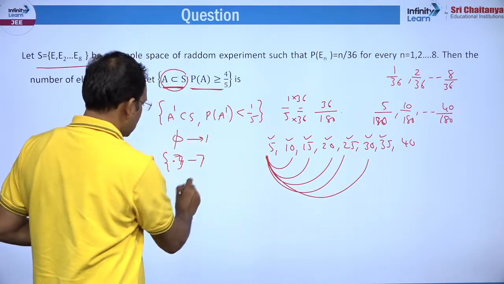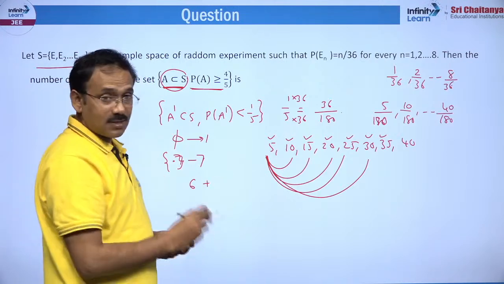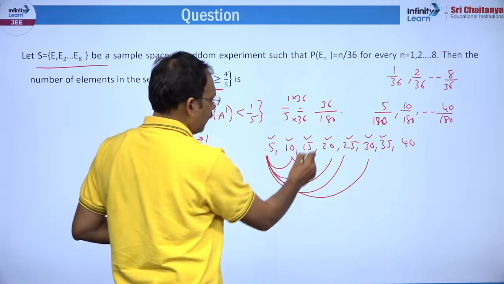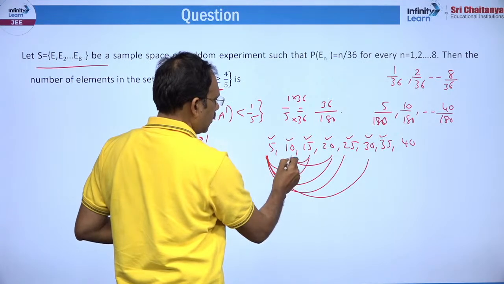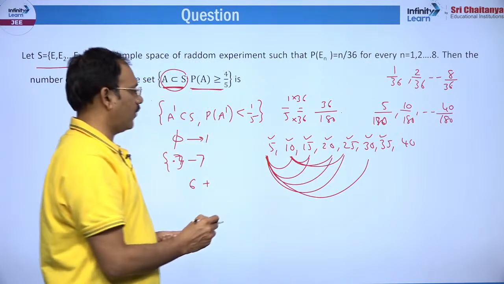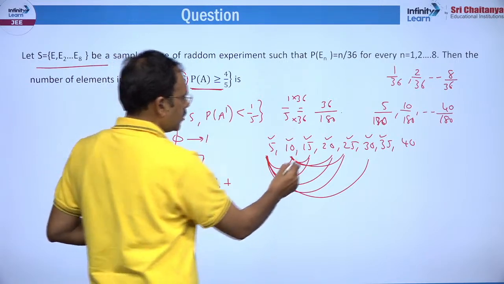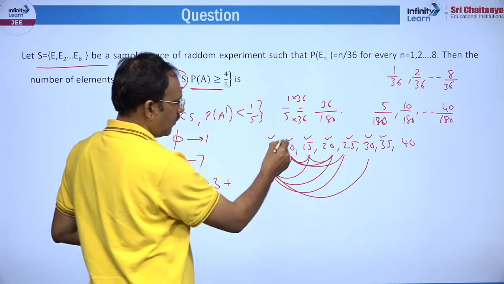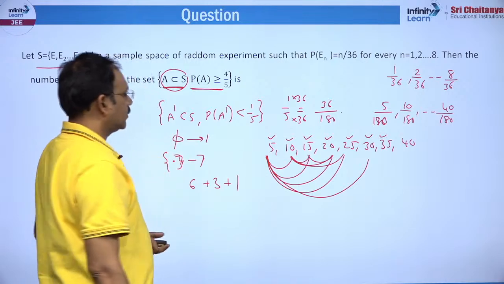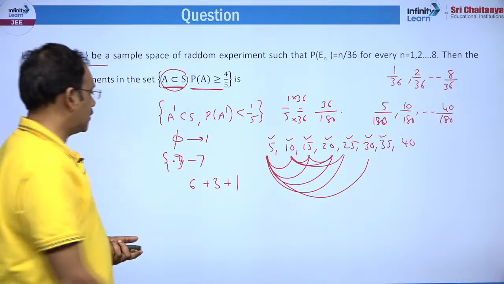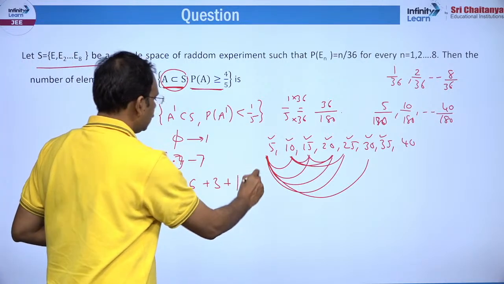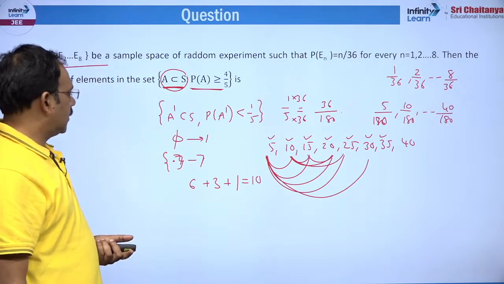There will be 6 with 5 plus the others. Those starting with 10: 10, 15; 10, 20; 10, 25, also fine. So, 3. Then the 15 combination: 15, 20 is okay, 15, 25 is not okay. So, 6 plus 3 plus 1, which is 10 here. Okay friends.